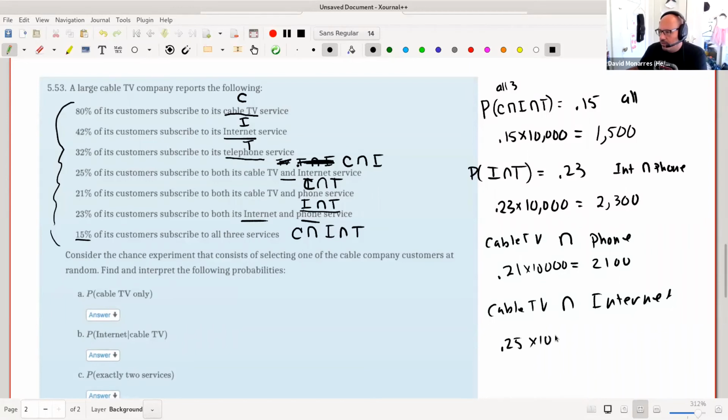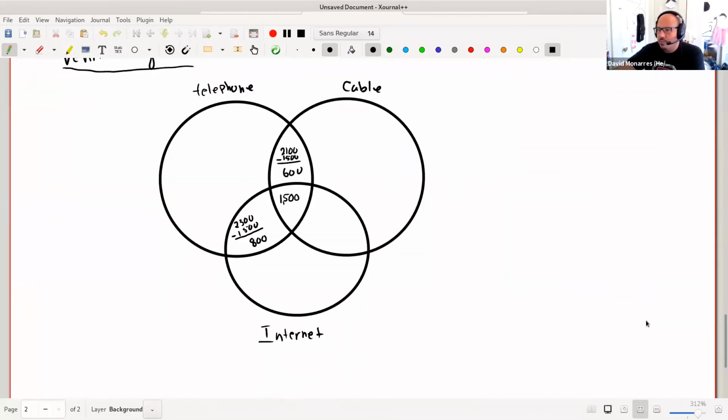So if we take this multiplied by 10,000, what we're going to have is 2,500. And so what this is going to allow us to do is take this area here, this 2,500, and if we take away that 1,500 that we've already accounted for, then basically what we're going to get is 1,000 people. Now, why are we getting 1,000 people here? Well, this is basically telling us these are the people who use cable and internet, but don't have the phone.